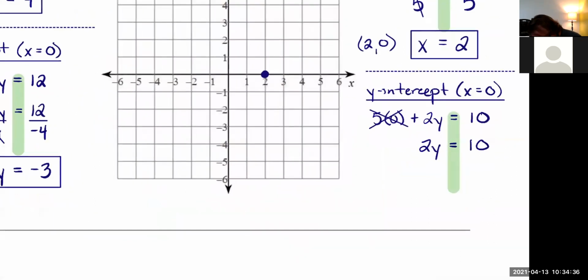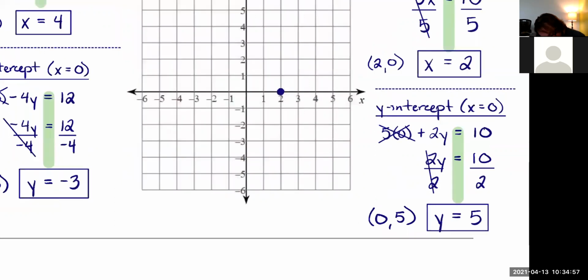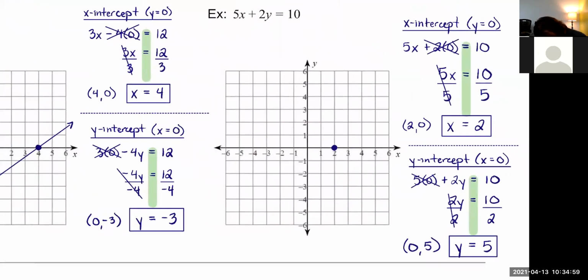And then to solve that, all I need to do is divide both sides by 2. So what does y equal? 5. So that ordered pair, the x we plugged in was 0. The y that we got with it is 5. So (0, 5) is going to be up 5 units, still on the y-axis. And just like that, we get yet another line.